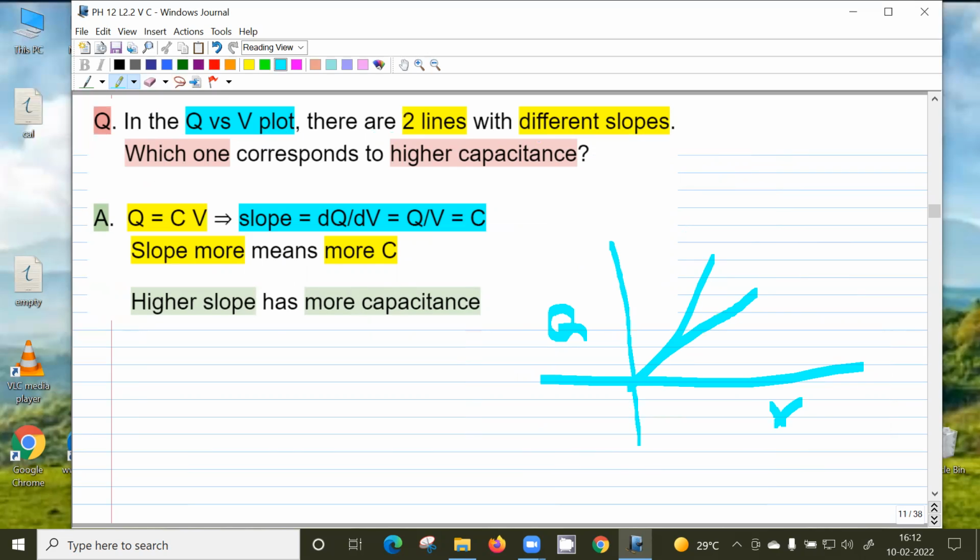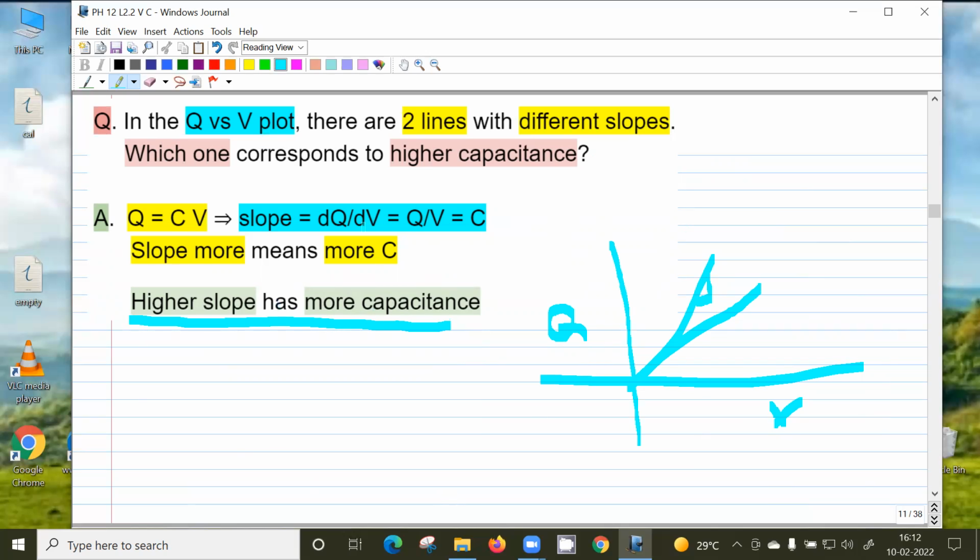So whichever line has the higher slope will have higher capacitance, because capacitance is Q by V. It's also the same as delta Q by delta V, or dQ by dV. For a straight line, delta Q by delta V is the same as dQ by dV, and also the same as Q by V, if it is passing through the origin. So higher slope means higher capacitance. Same is true for resistance also, using Ohm's law.